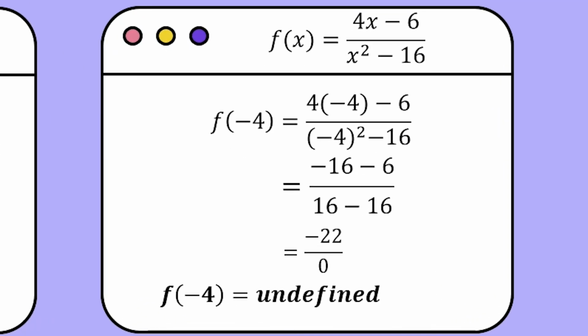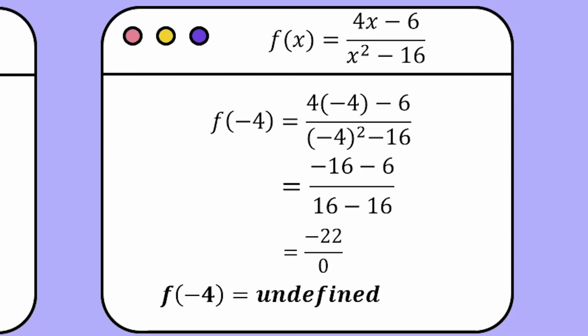F of x is equal to 4x minus 6 all over x squared minus 16, where x is equal to negative 4. F of negative 4 is equal to 4 times negative 4 minus 6 divided by negative 4 squared minus 16.